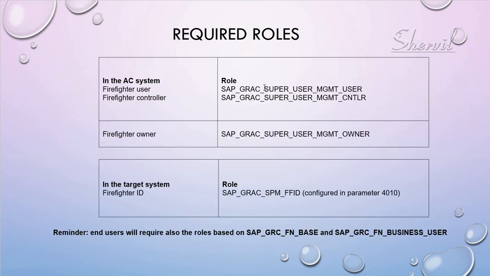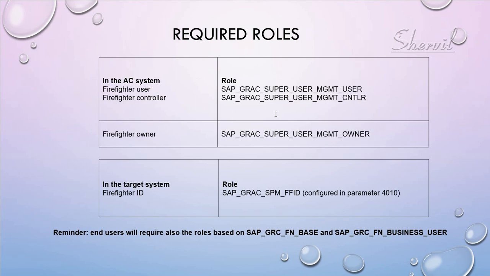So these are delivered roles, which you make a copy of if you want to. But you don't tamper with these roles, you don't make any changes. If you think that some of these roles lack some authorizations, then it is better to make a copy of them and use those copied roles. Never tamper with the standard delivered roles.